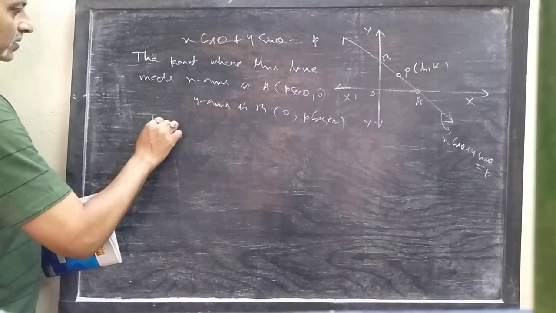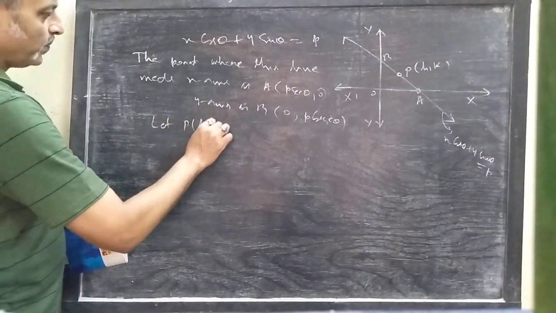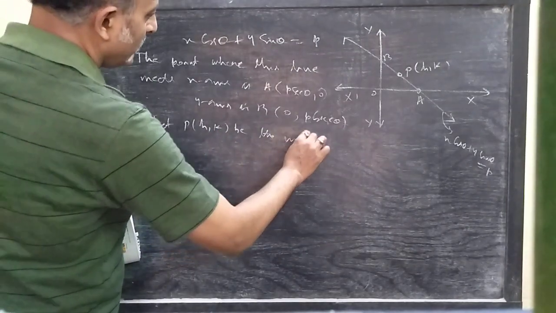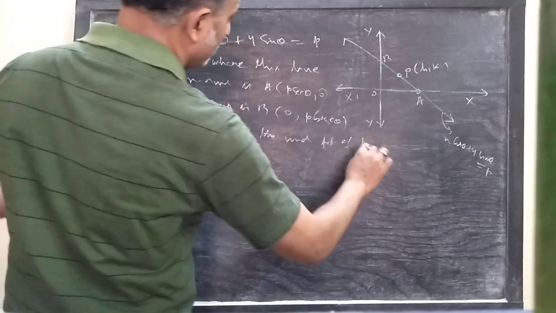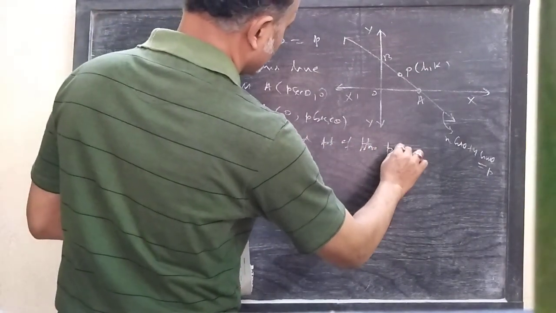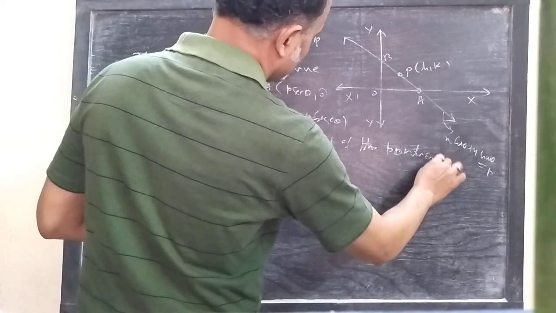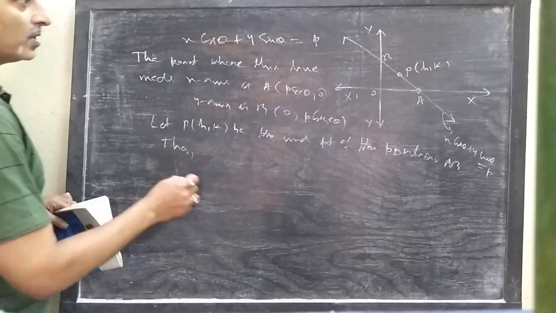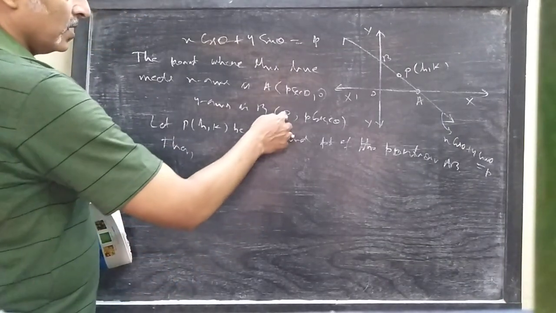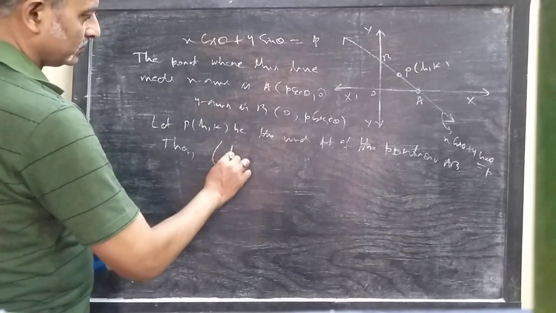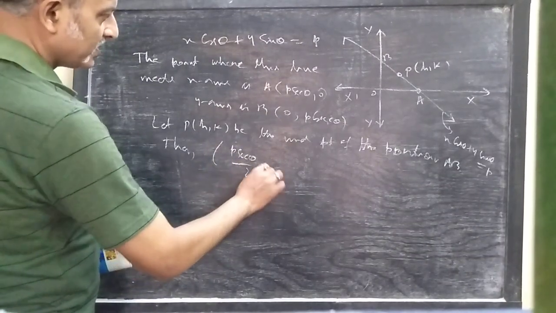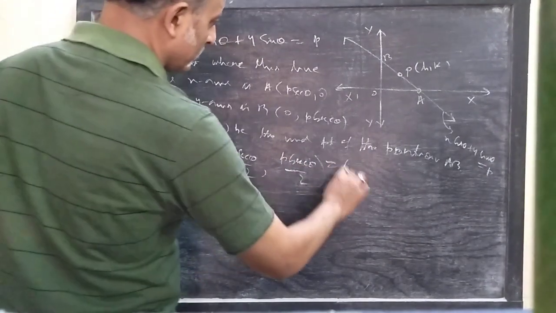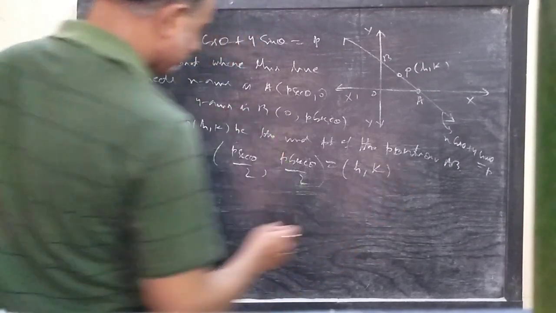So write, let P(h, k) be the midpoint of the portion intercepted, then we have p sec theta by 2, p cosec theta by 2, which should be equal to h comma k.